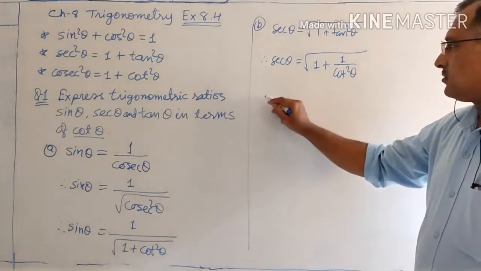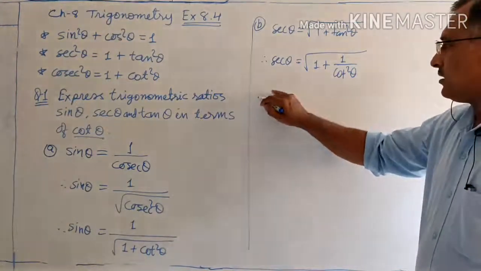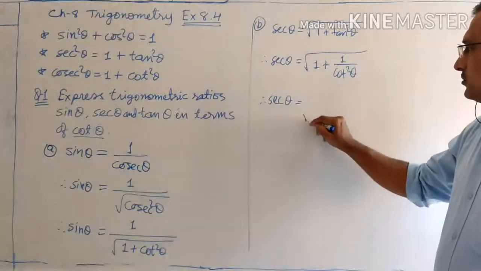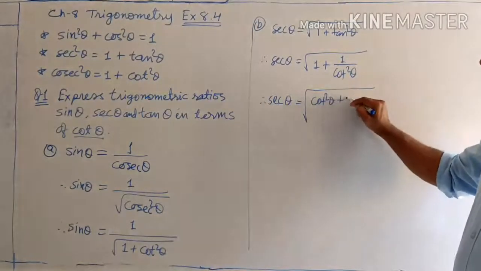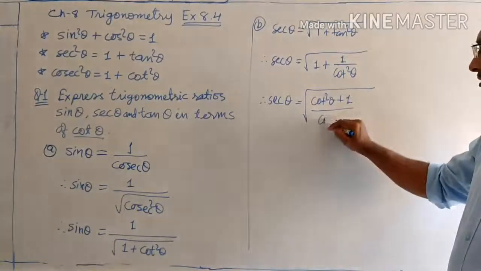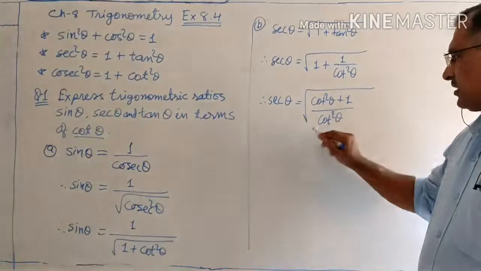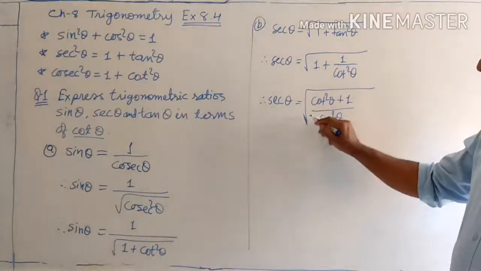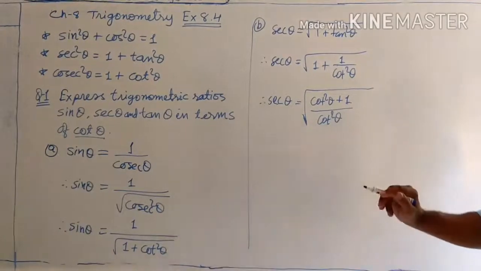So taking LCM here, sec theta is equal to square root of cot square theta plus 1 divided by cot square theta. Finally, we can also take the square root separately. So we can write square root of cot square theta plus 1 upon cot theta.